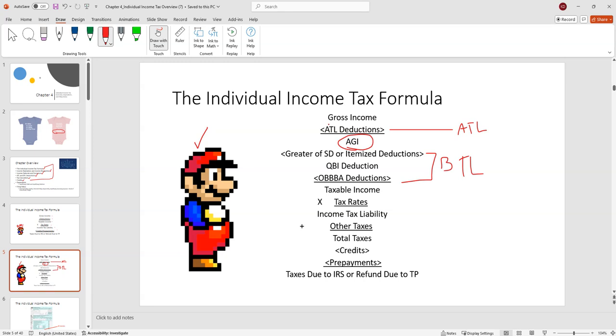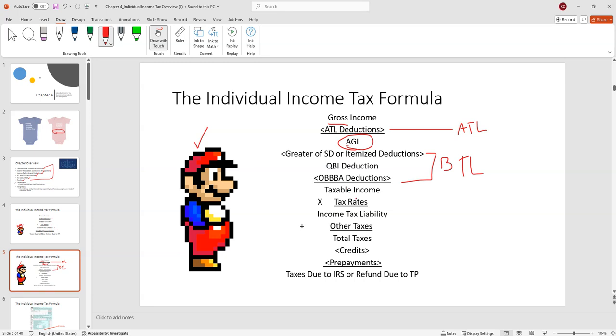So you start with your gross income, the full shooting match. You make adjustments to that, namely your above the line deductions, and that gets you your adjusted gross income. You then back out below the line deductions, which we'll talk about. That gets you your taxable income.